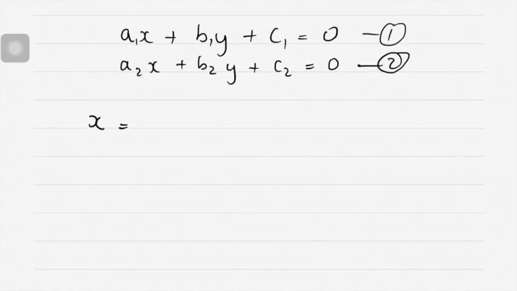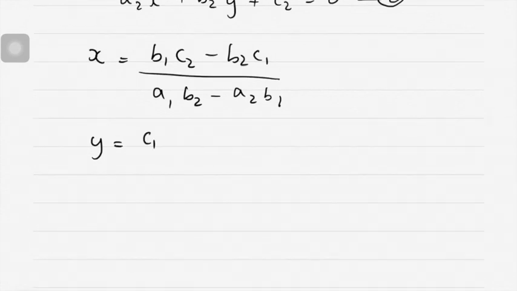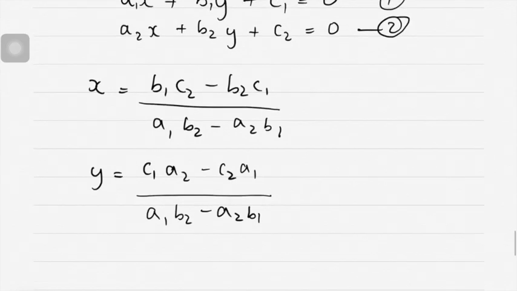When my equations are in this format, the value of x will be equal to b1c2 minus b2c1 upon a1b2 minus a2b1. And the value of y will be equal to c1a2 minus c2a1 upon a1b2 minus a2b1.